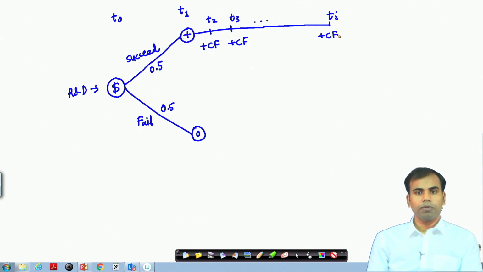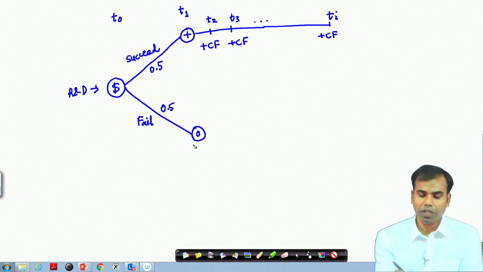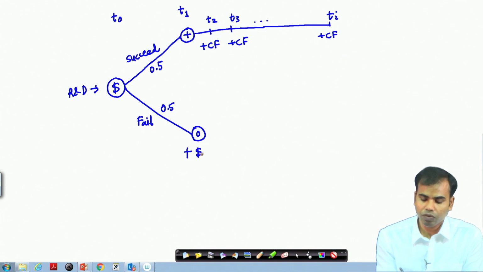But if the R&D project fails, you get nothing. Now, at this point you have to decide whether to put more money in the project, which means if it fails after 1 year, would you consider investing more money so that the project might revive or be successful, and subsequently you might get certain revenue out of it? This means some additional investment has to be made, and this investment might again lead to success or failure of the project.